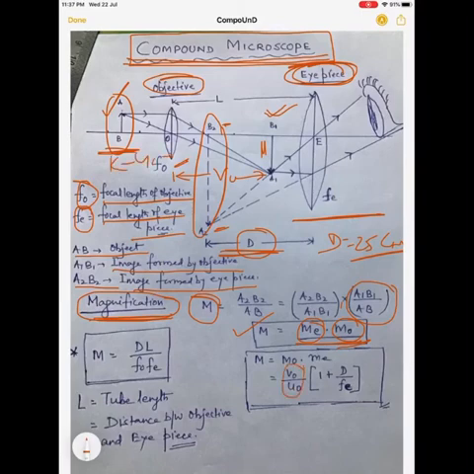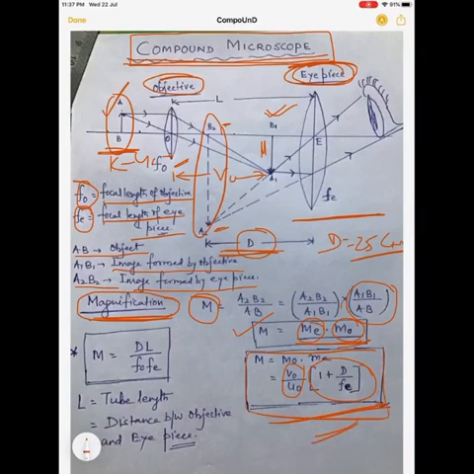So V0 upon U0 is the magnification produced by the objective, and 1 plus D by F is the magnification produced by the eyepiece. It is like a simple microscope. So this is the total magnification produced.